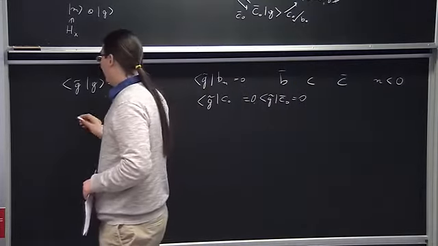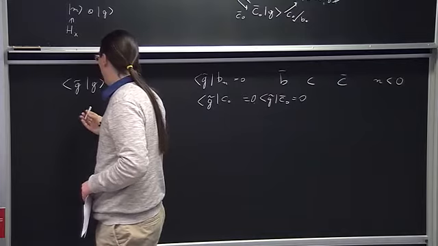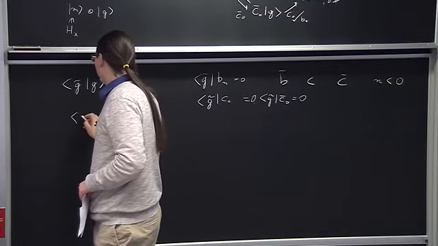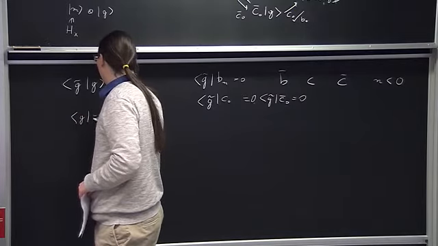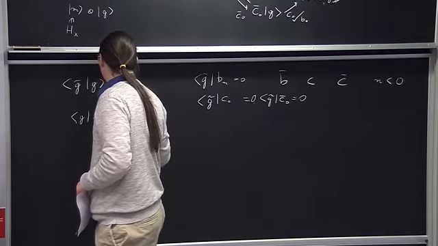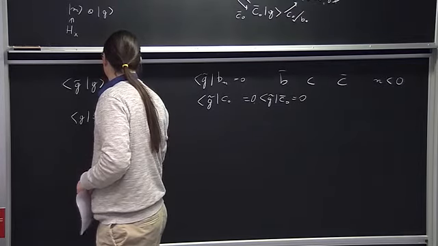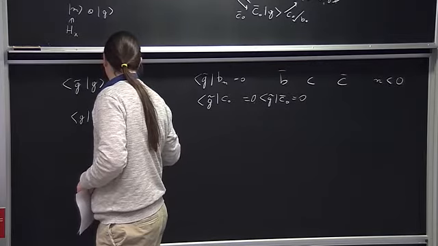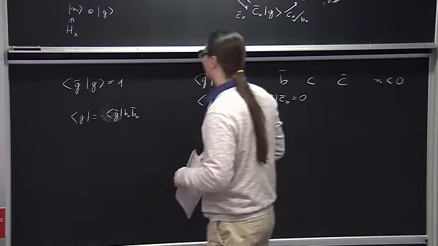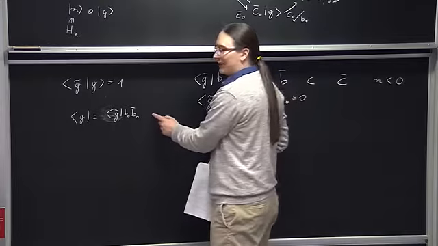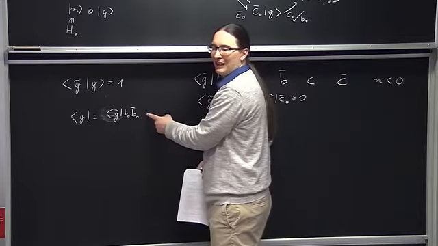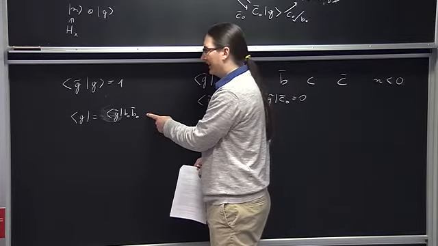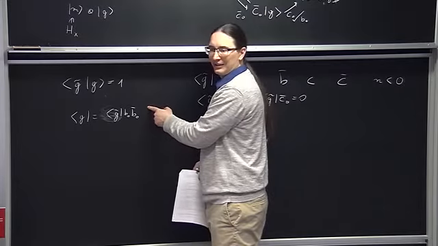On a notational point, we can also define a state G, which is just B0, B0 bar, acting on G tilde. Because such a state now is annihilated by B0 and by B0 bar. On the other hand, C0 and C0 bar act non-trivially on it.